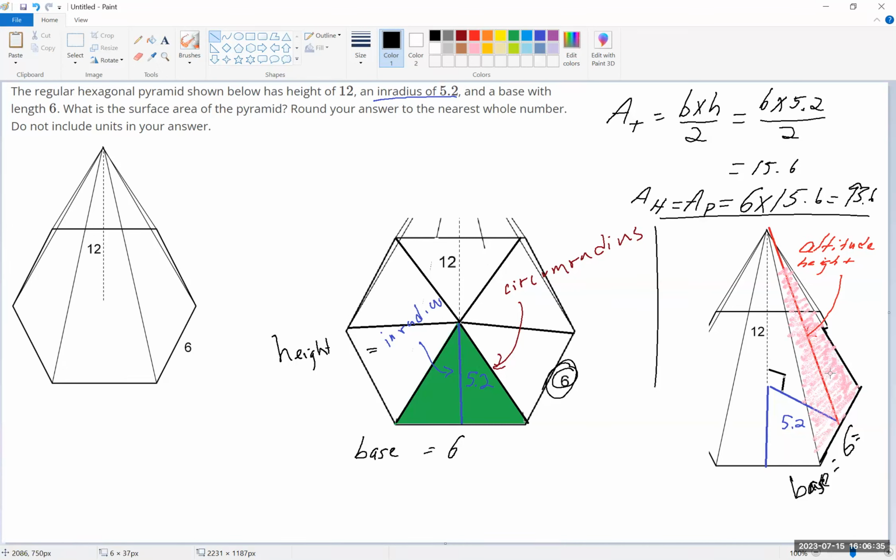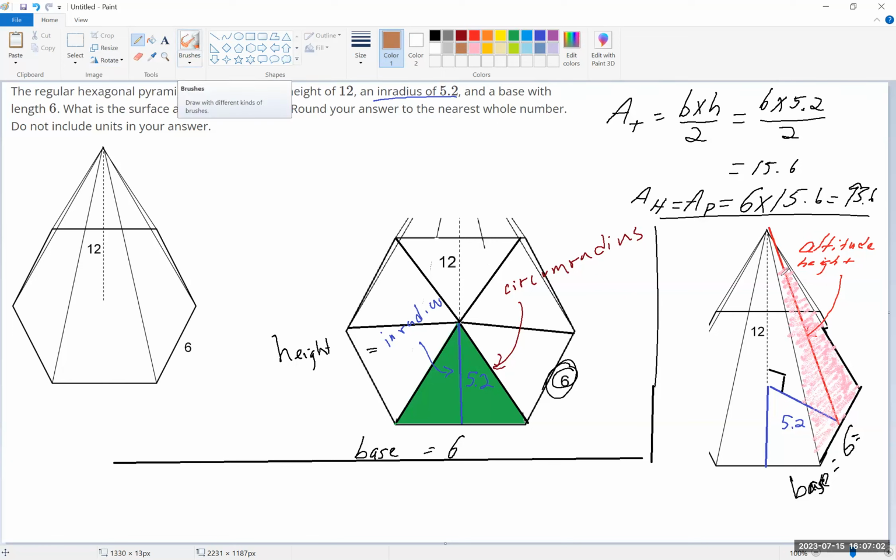Now it sits on the inside, so it's probably not the most obvious thing, but I guess I can color that triangle, and I don't know if that's gonna overly complicate things. But there's another triangle kind of in here. Okay.